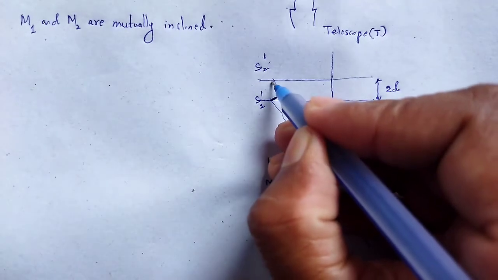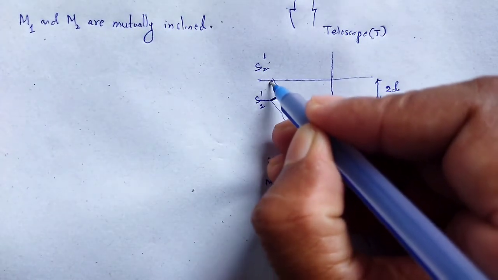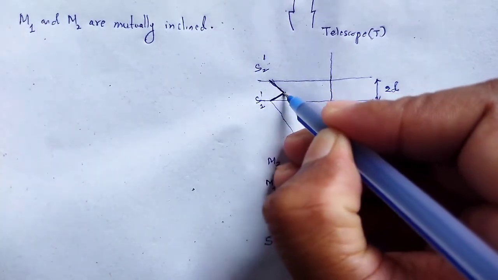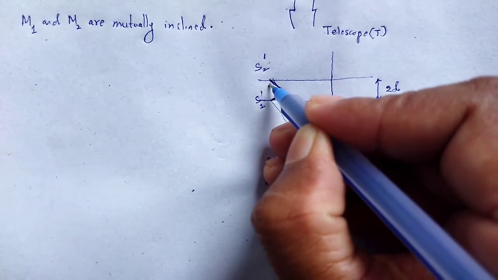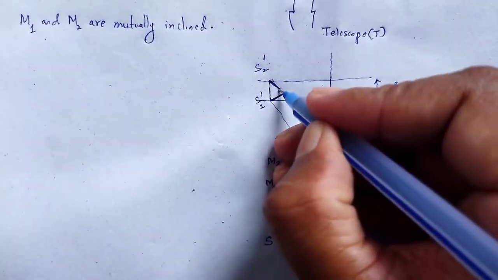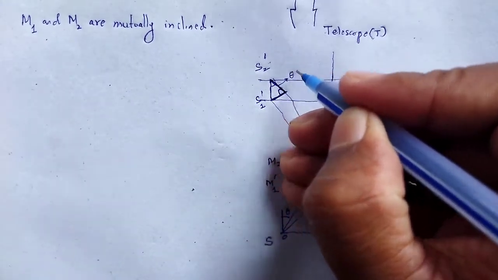Now from that triangle, look here, here is 90 degree, that angle is theta.